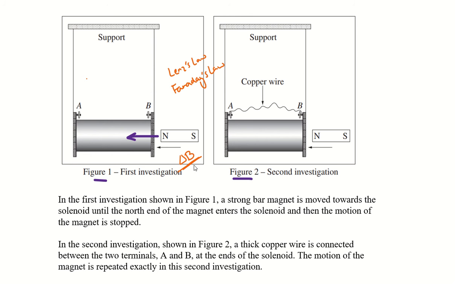So obviously that means there's a change in flux, which leads to a production of EMF. So in both scenarios, we're dealing with a conductor, so we should expect EMF to form. Now, the additional part to it is this EMF can induce a current, so long as there is an electrical path for this current to move.